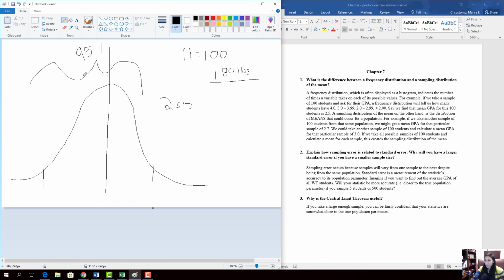So if this is a sampling distribution and I take one sample, one sample of 180 pounds, it's pretty likely that I'll be somewhere near that population parameter. So that's why the central limit theorem is useful. If you have a large enough sample, you can be fairly confident that the statistic you calculate is somewhat close to the true population parameter.